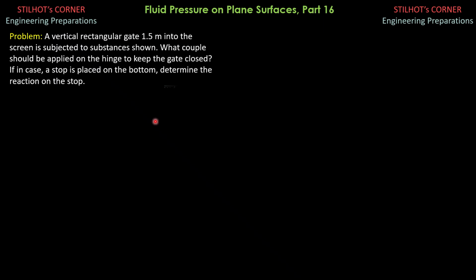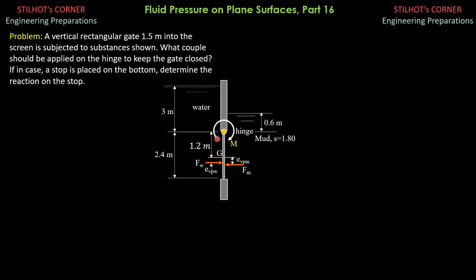So here is the figure. Here is the gate. The height of the gate is 2.4 meters and perpendicular to the screen it is 1.5 meters. So it is rectangular. It is subjected on the left side by water pressure and on the right side by mud with specific gravity 1.8.